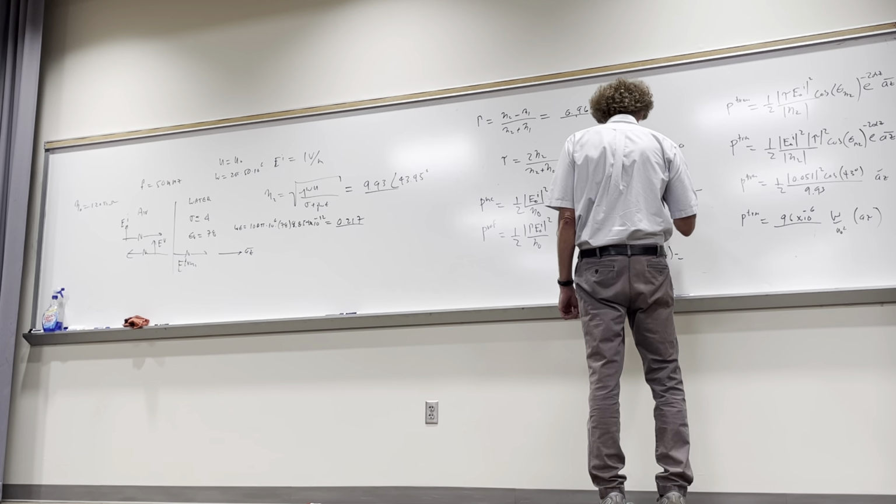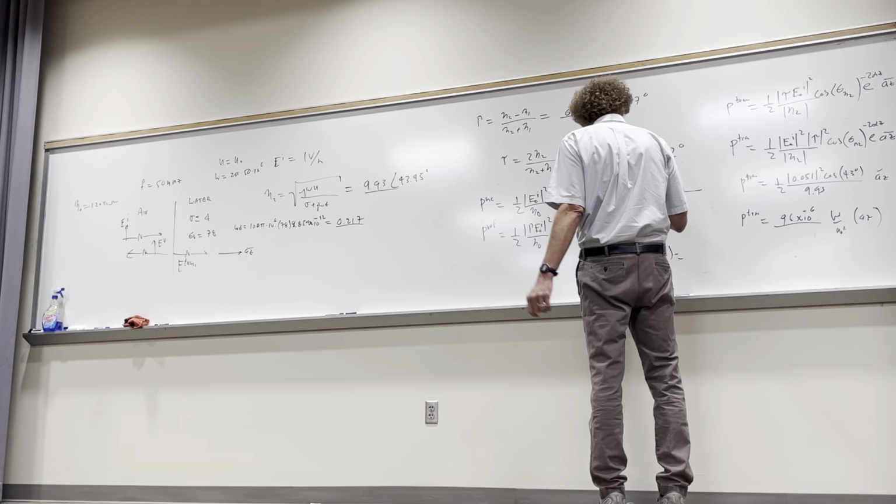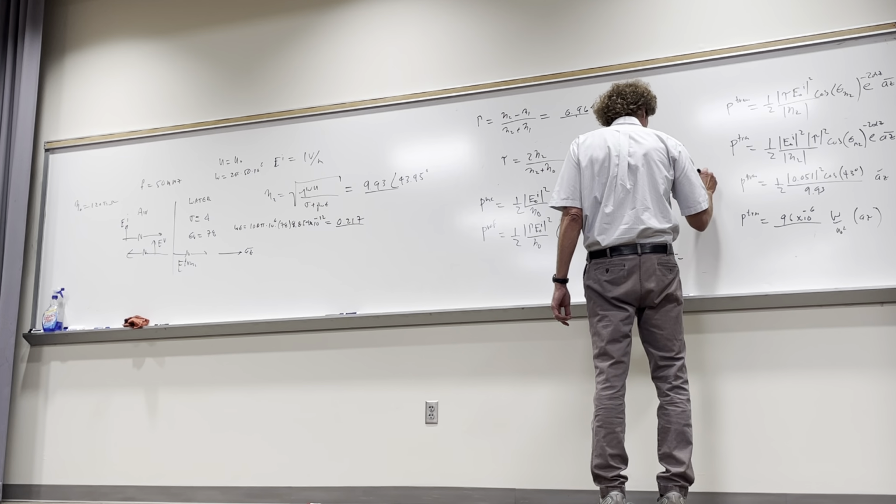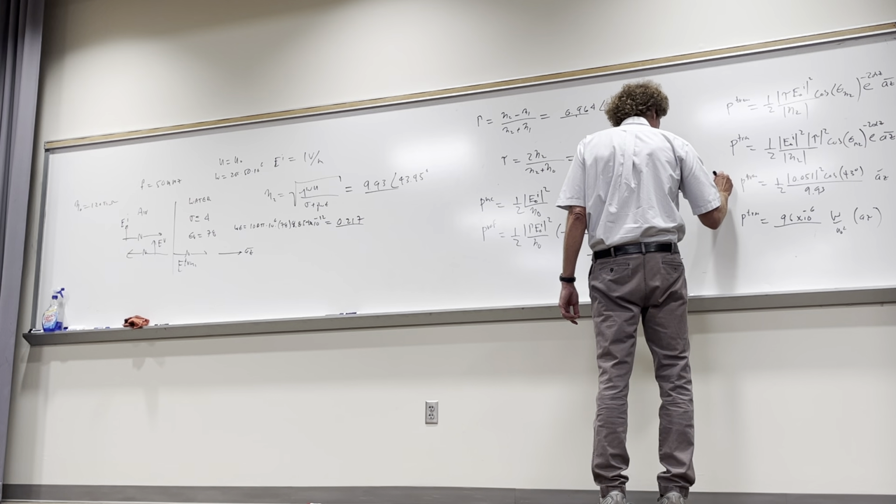The incident power density is 1.326 times 10 to the minus 3 watts per meter squared, and that's a_z.